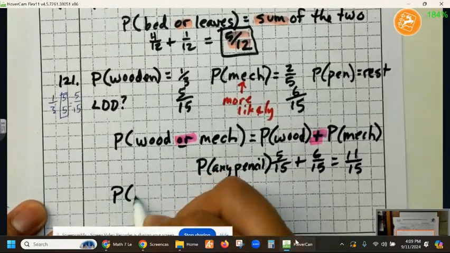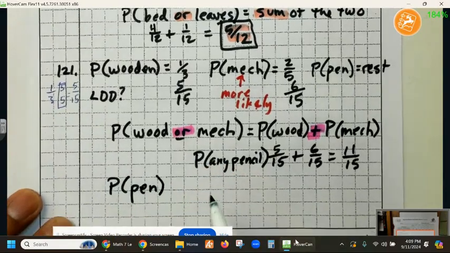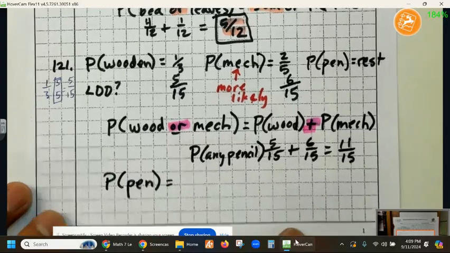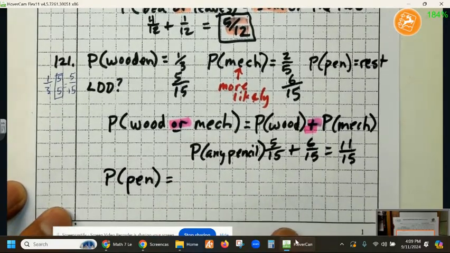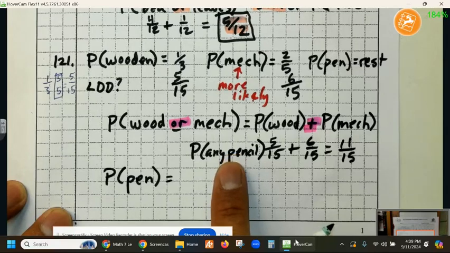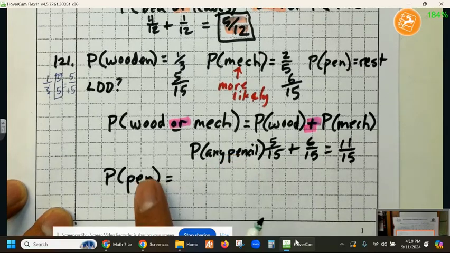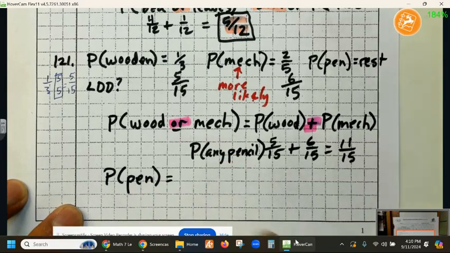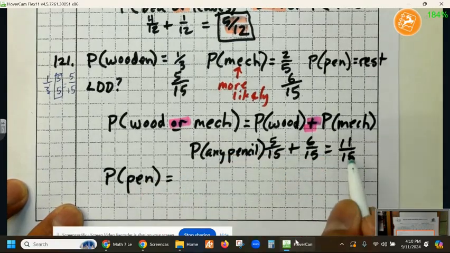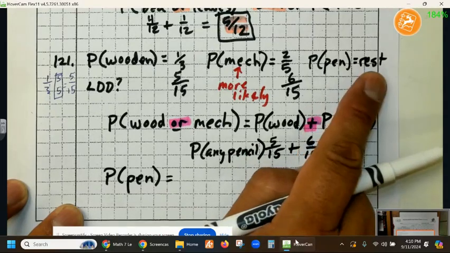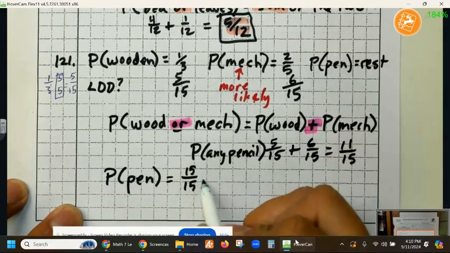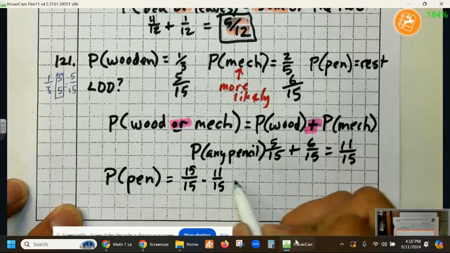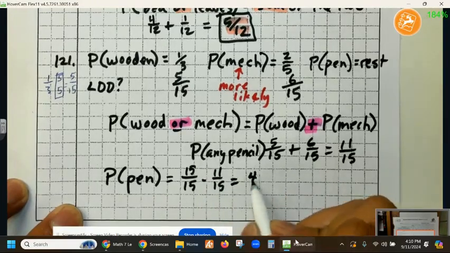Now, I'm going to ask you another question. What is the probability that he gets a pen? All right, and what I'm asking is pretty much the complement of any pencil. Okay, so the probability of getting a pen would be, since 11/15 is the probability of getting a pencil, what's left are pens. So we go 15/15 minus 11/15, and you get 4/15.